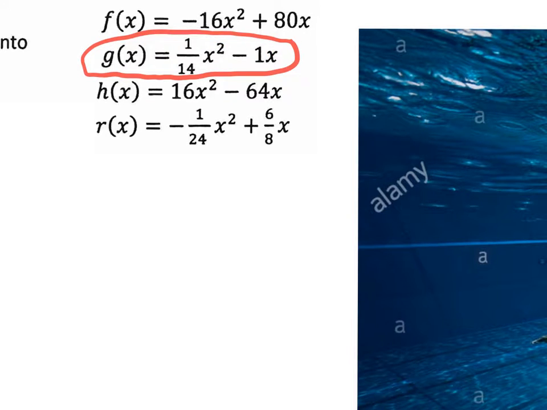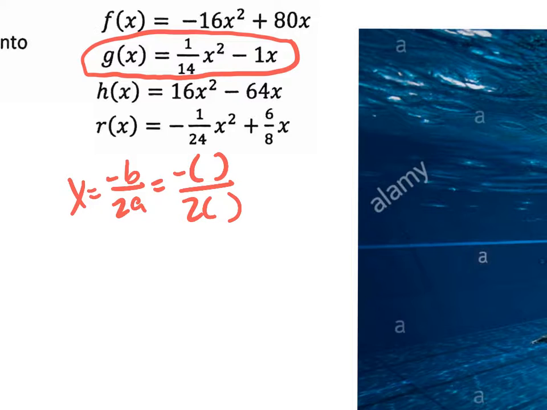Now, in order for us to find that minimum value, that deepest part of her dive, we're really asking for the vertex. And we all should know that the vertex is x equals negative b over 2 times a. So negative parentheses over 2 times parentheses is what I recommend you do every time you use the formula. Label your b value, which is negative 1, your a value, which is 1 over 14. So the b value of negative 1 goes right in there. The 1 over 14 goes right in there.